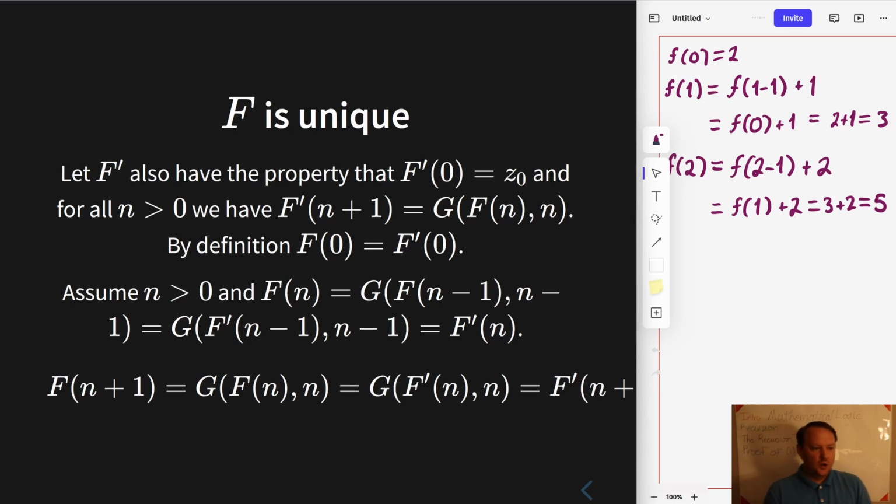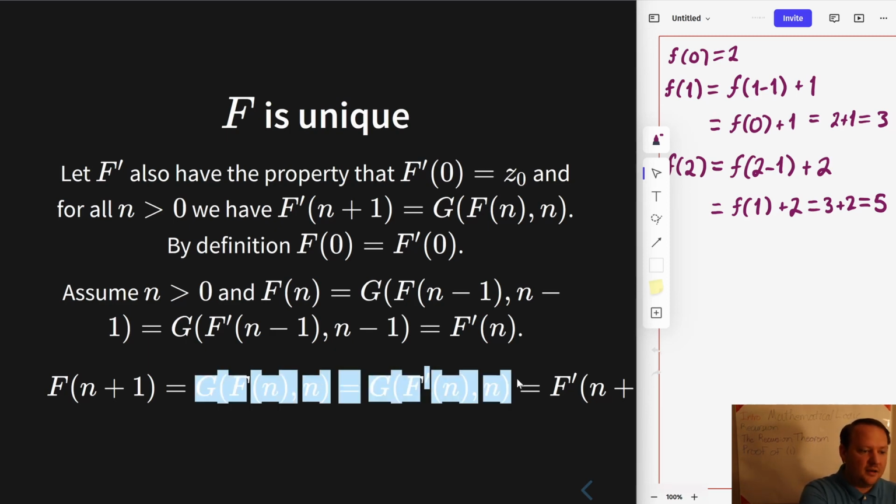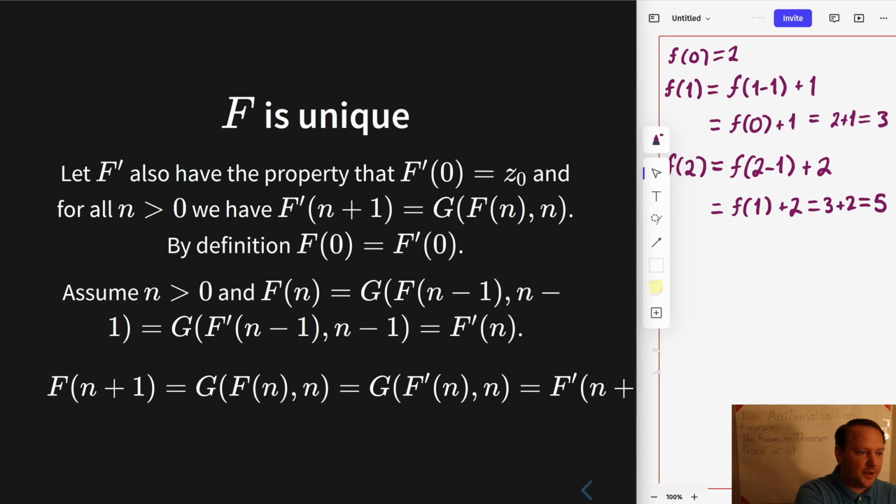If we look at f of n plus 1, we know that it is equal to g of f of n comma n. And our assumption from the inductive hypothesis is that big F of n is the same as big F prime of n. So then you get this equality. And then from our assumption about the properties of f prime, this expression turns into f prime of n plus 1, and we're done. That proves this claim by induction.